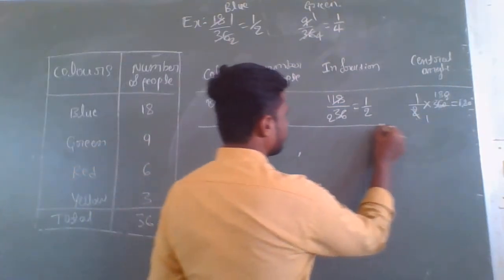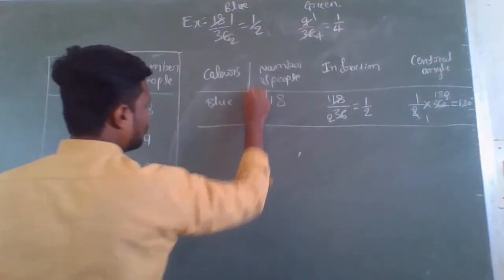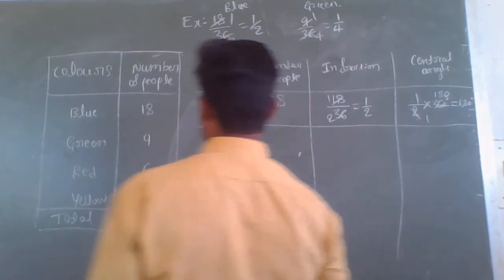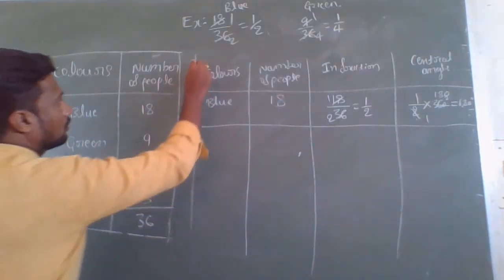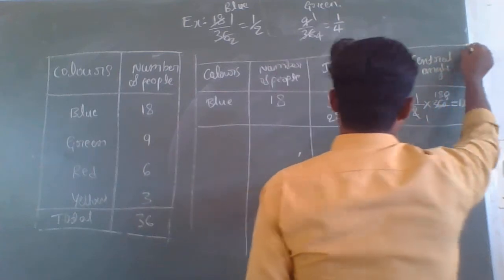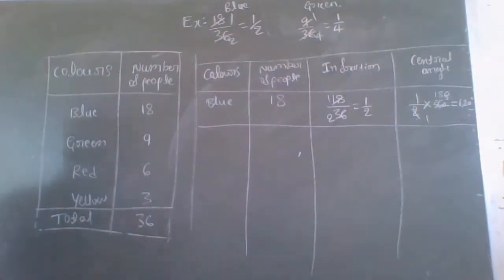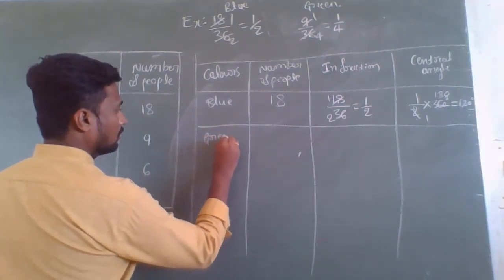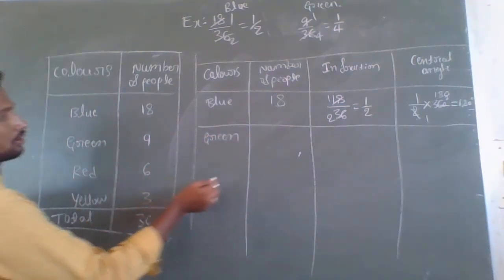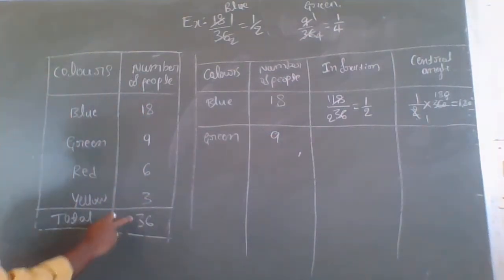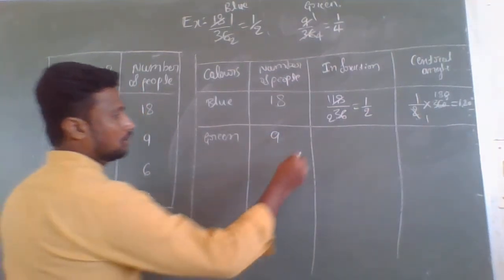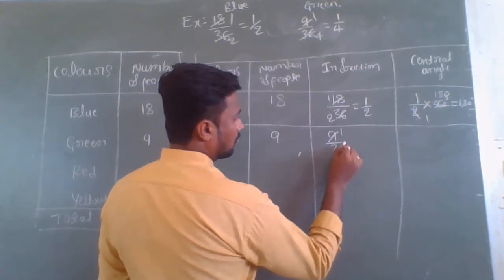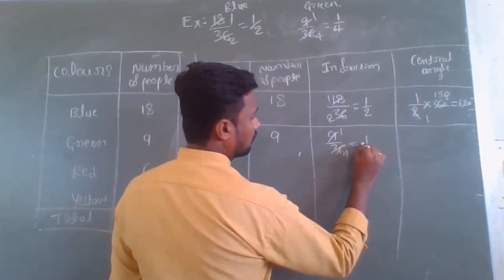Now, next what have they given? After blue, they have given green. So here I will write green. Number of people 9, and we know that the total number of people is 36. Therefore, what will we write here? 9 by 36 means 9 on the 9 is 1, 9 fours are 36, which is equal to 1 by 4.